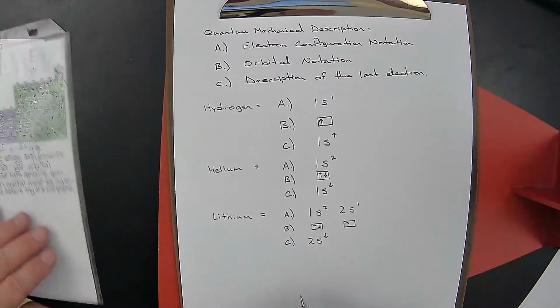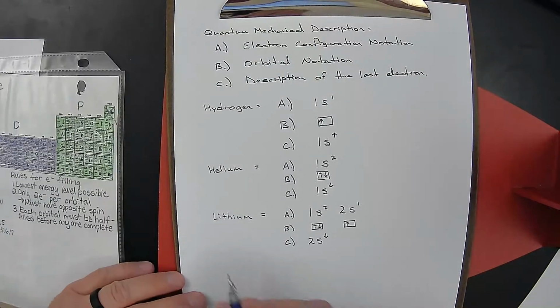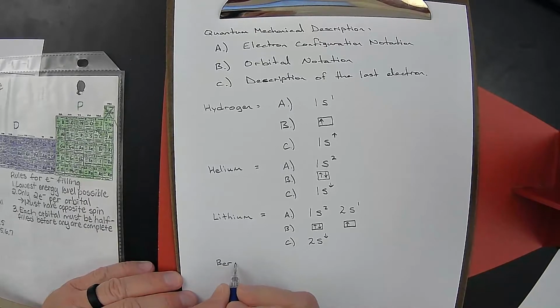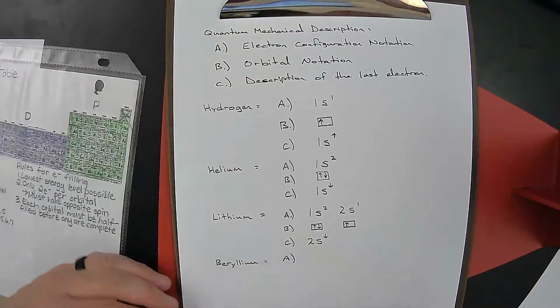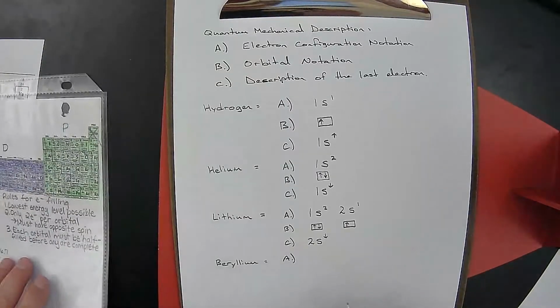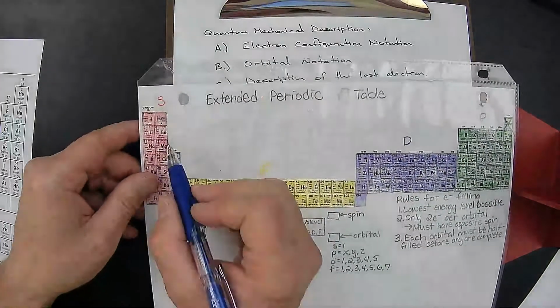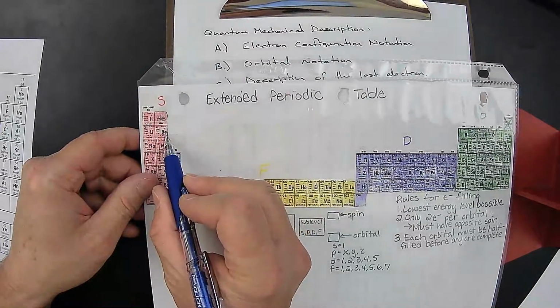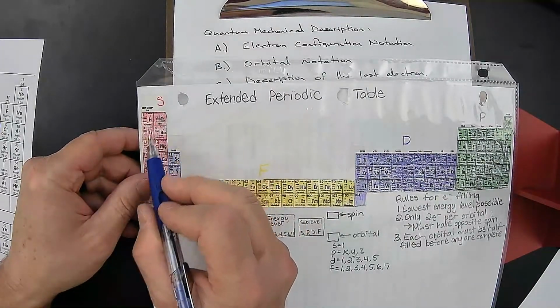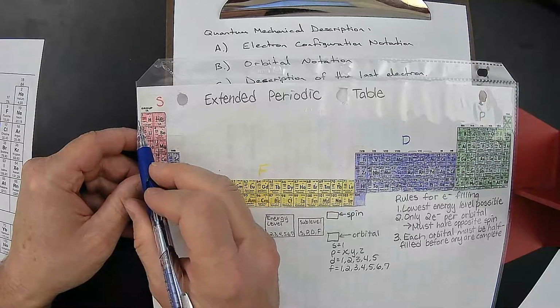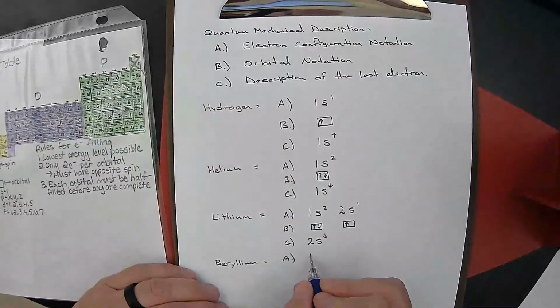Now let's move on to beryllium. Beryllium, letter A. If we were walking through the periodic table, it's the second one over. So we're going to just walk through until we finally get there. We start with energy level number 1.